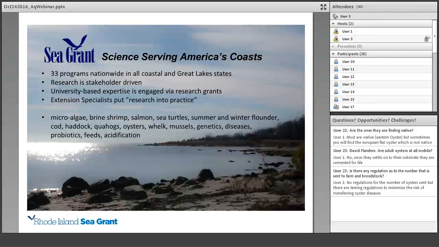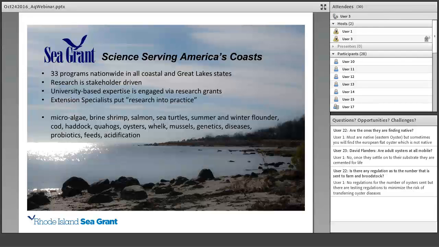It was interesting. I went back and looked at a history of research, and one of the very first research projects funded by Rhode Island Sea Grant, in 1969, was a project looking at genetics of aquaculture. It didn't say genetics of what, and I couldn't find the original report, but I suspect that it had to do with salmon. Over the course of history, there's been a lot of research conducted around algae and salmon. There was a little bit around sea turtles at one time, and not many instances of that.